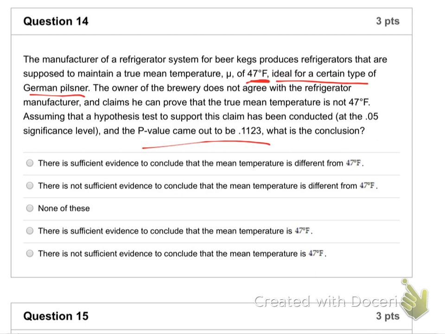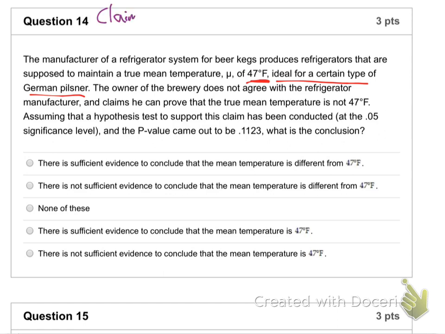So another one of these: can you draw a conclusion when you're handed a p-value? So we didn't have to calculate that p-value. They're just giving it to us. But we have to do the conclusion. So the first thing, what are we going to start with? The claim. Put it up here maybe.